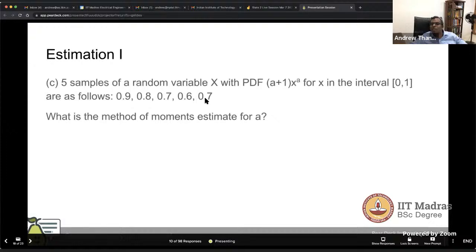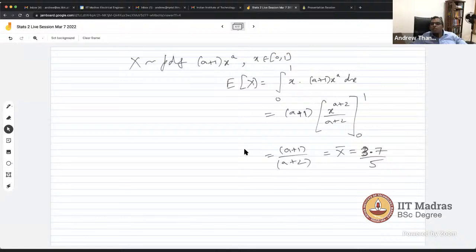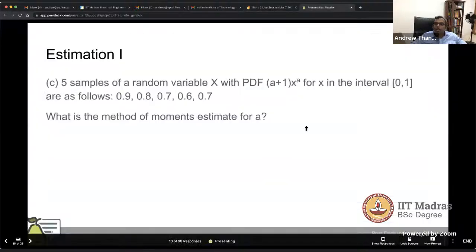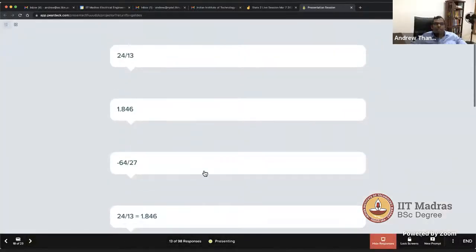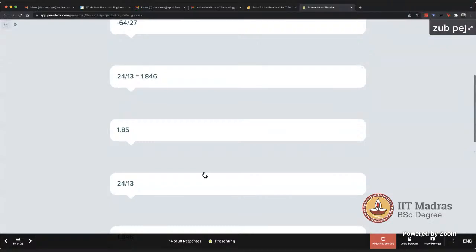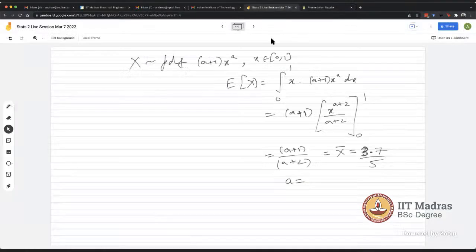I think that's 3.7. So 3.7 by 5. Solve this. What do you get for A? Let's see if people have got 1.84. 1.84 and 1.846. Yeah, that seems to be a popular answer, and you get 1.8. So that's A.